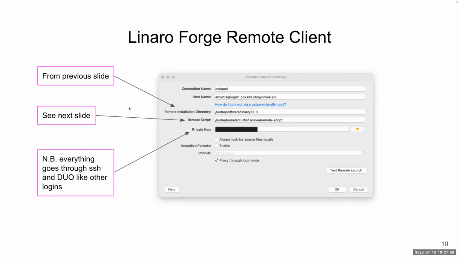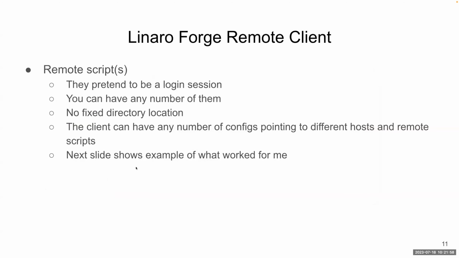Okay, so what's this remote script thing? It's basically like having a login session. So when you log in, certain things happen. And when I show you the remote script, I'll go through what those are. You can have any number of them in any location you want, that you can write into, of course. And so you can have different config files in the remote scripts that set up different kinds of jobs.